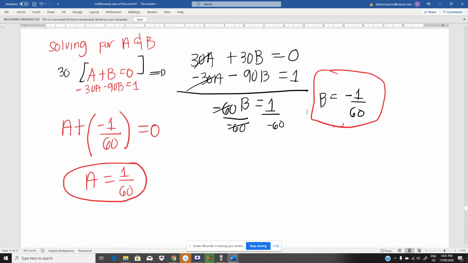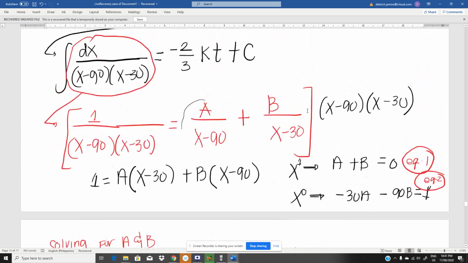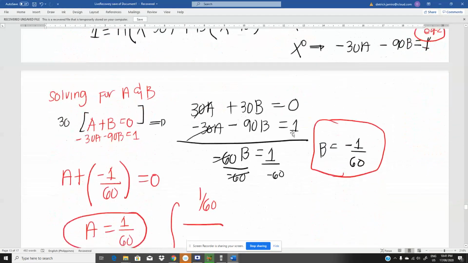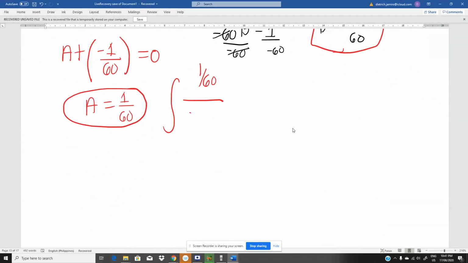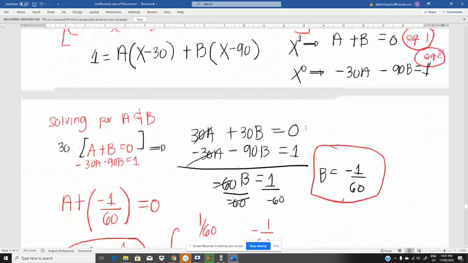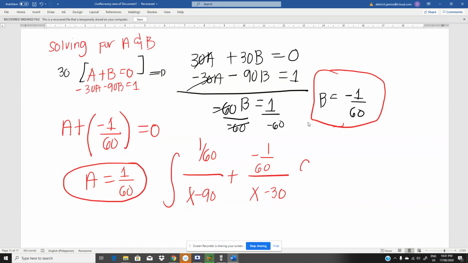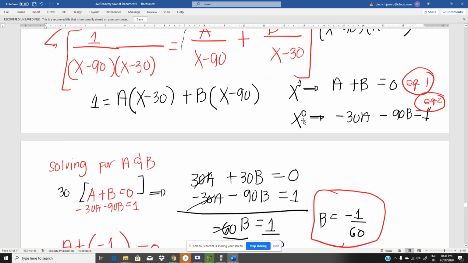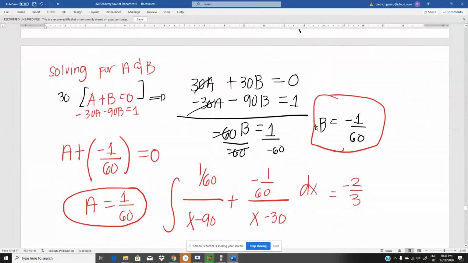Substituting this into our integral, we will have the integral of 1 over 60 all over x minus 90 plus negative 1 over 60 all over x minus 30 dx is equal to negative 2/3 kt plus c.